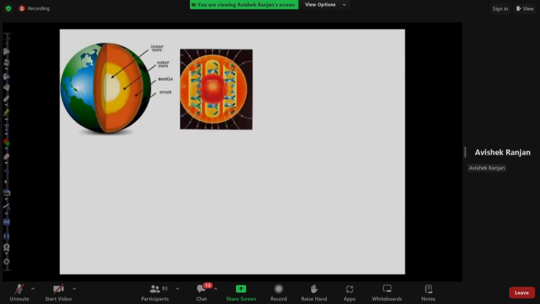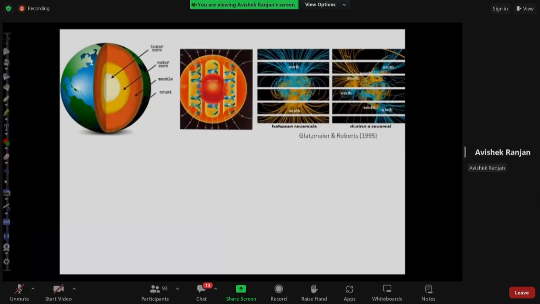So people have done a lot of theory and numerical simulations. It is thought that the flow of liquid iron, in the presence of the Earth's rotation and in the presence of buoyancy because of thermal gradients and concentration gradients, the combined effect of that is what creates and also sustains the magnetic field against decay.